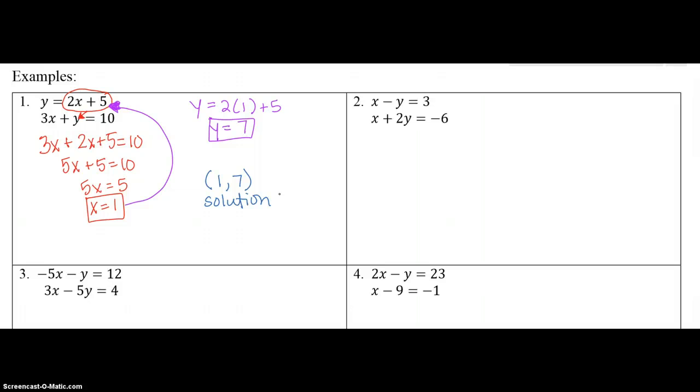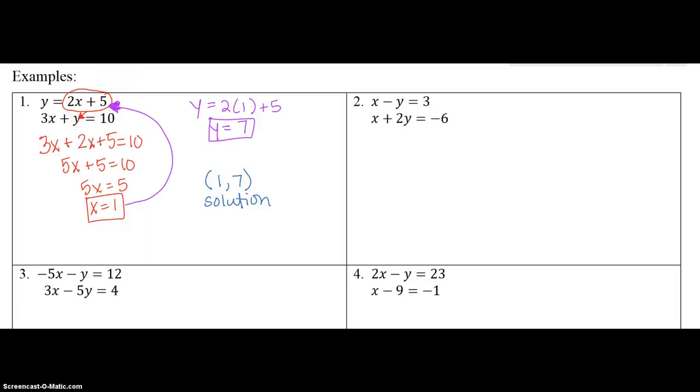So graphically, if we graphed these lines, they would intersect at the point 1, 7. Algebraically, if we took 1, 7 and we plugged in 1 for x and 7 for y, if we plugged it into the first equation, it would work, and if we plugged it into the second equation, it would work. This is the one point that both of those lines have in common. Okay? All right. Yes, question.